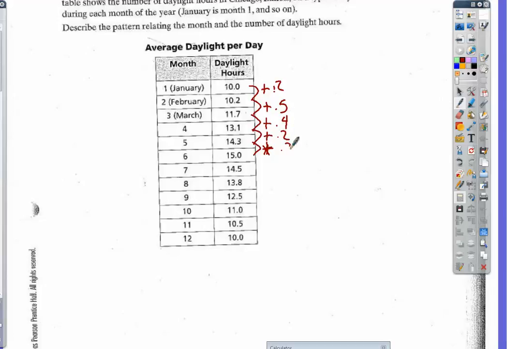So I don't really see a pattern in how the time increases, but I notice that it's increasing until we get to a peak. And then from here, June 21st, the amount of sunlight decreases. And again, it doesn't decrease at a steady rate.